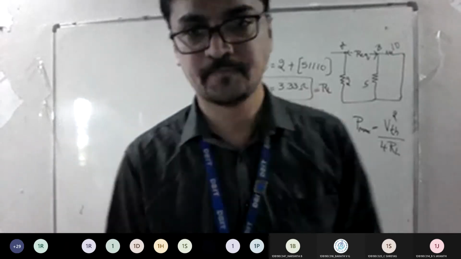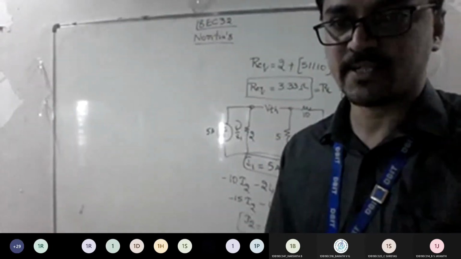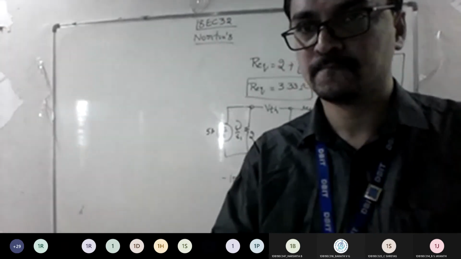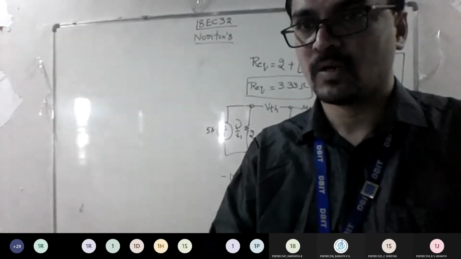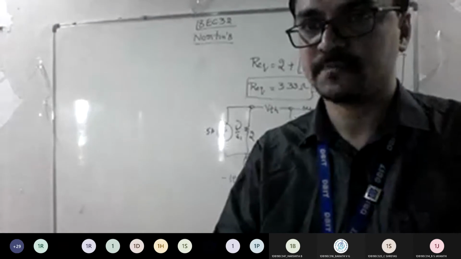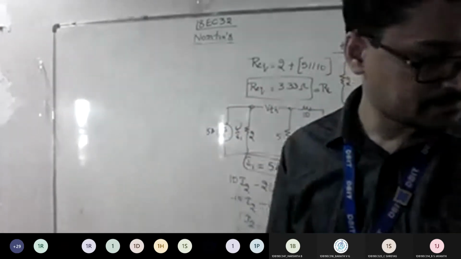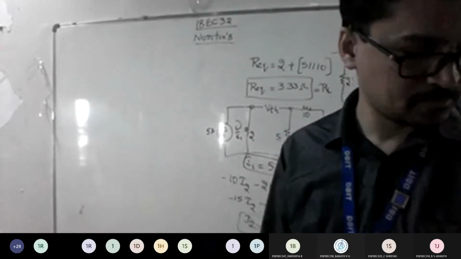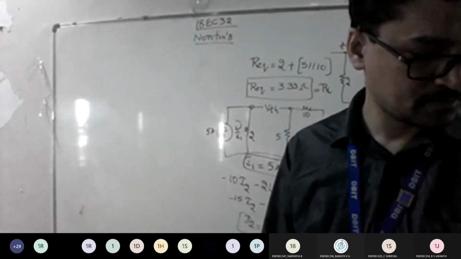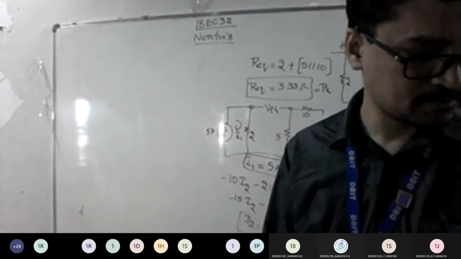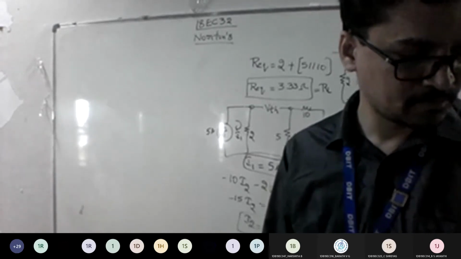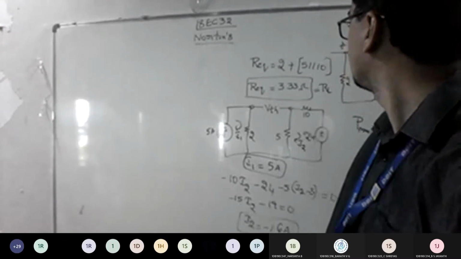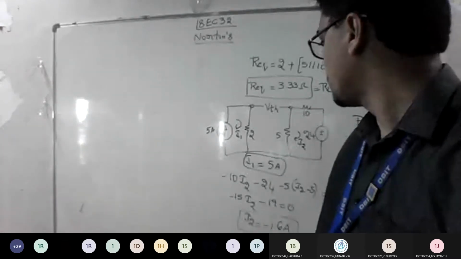How will you find VTH now? What is the VTH answer? What is the value of VTH? How much here?